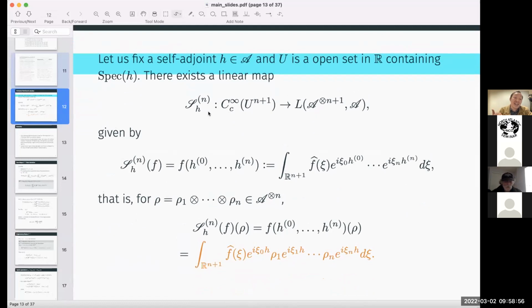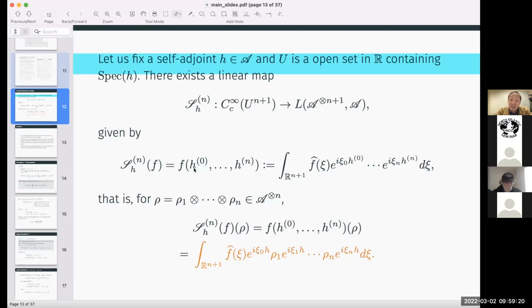Then we can extend this functional calculus to a larger class of functions, for example by choosing Schwartz functions. Take a Schwartz function f, and I want to write it as a Fourier transform.